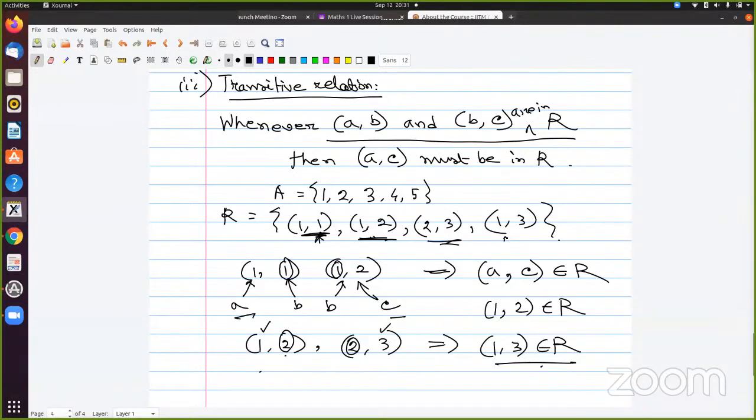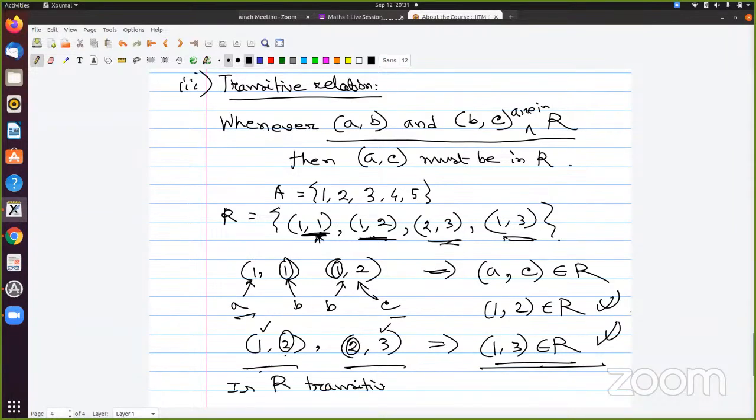For the fourth element also, is there any element starting with 3? No, so we don't have to check. Whenever the second element of the first pair and first element of the second pair match, then A comma C is inside this R, right? That is what we got, these two. So is R transitive?